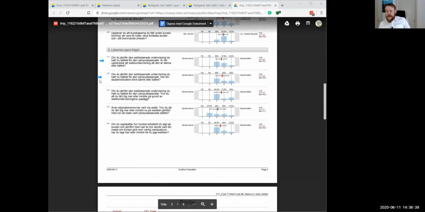And then it asks, has your motivation to study improved or decreased? And they say that it has improved due to the web-based system. And then, if you compare the web-based teaching to the campus-based teaching, do you believe that you have learned more due to this web-based system?